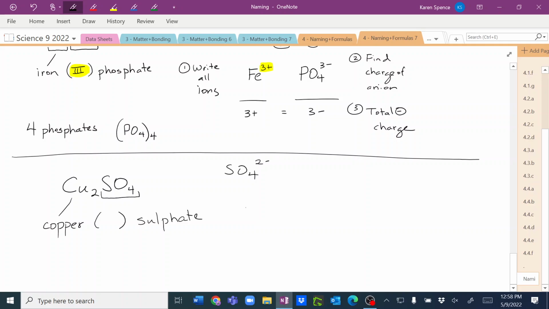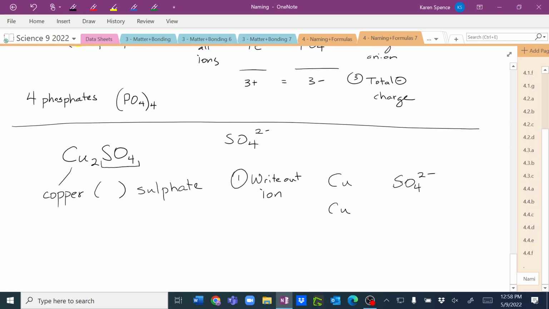We're going to write out all the ions. How many coppers? 2. Copper, copper. How many sulfate? Is it 1 or is it 4? 1. If it was 4, you would have to have brackets. So it's just 1 sulfate, SO4, and its charge is 2 minus. Find your total negative charge. Oh, well, that was easy. It's 2 minus. What's our total positive charge then?